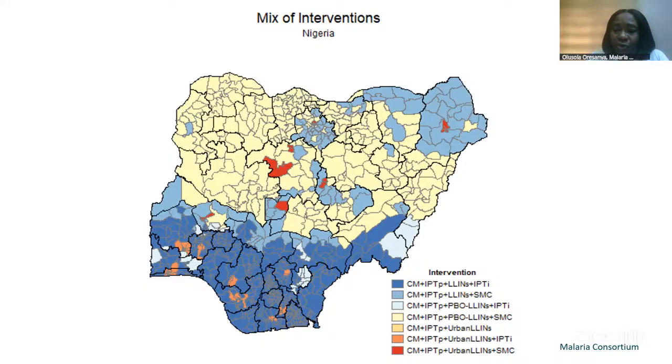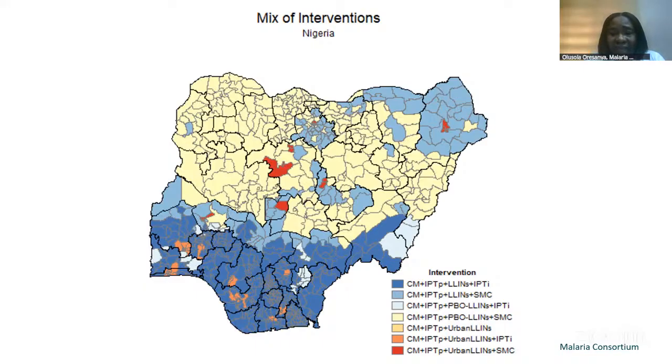There is also the prioritization of mass campaigns of nets, which means that urban areas, where malaria risk is usually low, are deprioritized for mass campaigns. Other channels of delivery will be used in those areas to distribute bed nets.